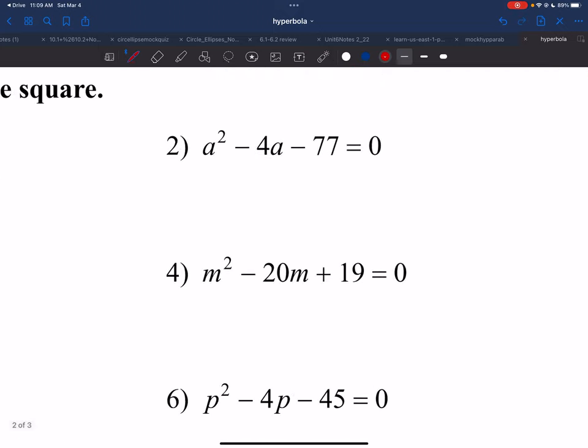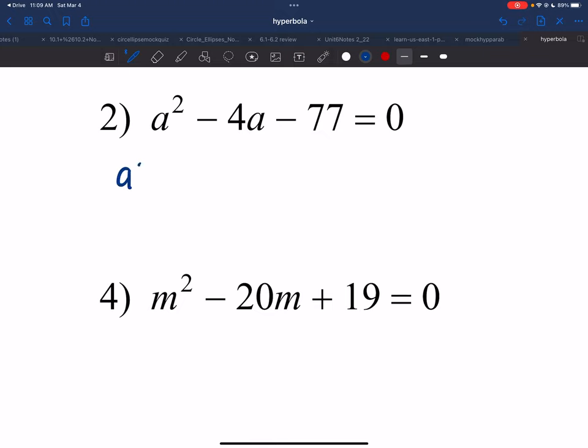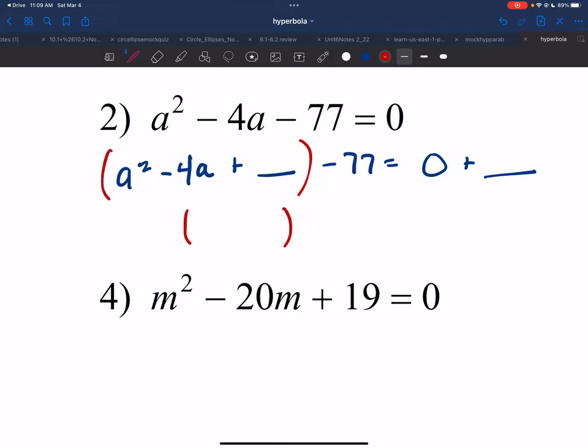Let's take a look over here for 2 more examples, and then we're going to call it a day on this. So we have a squared minus 4a plus blank minus 77 equals 0 plus blank. Again, I want to make my perfect square from that. Half of negative 4 is going to be negative 2.